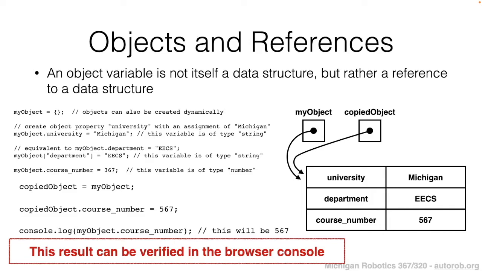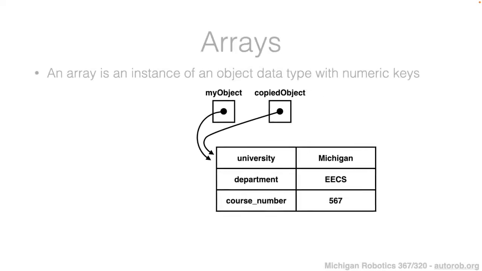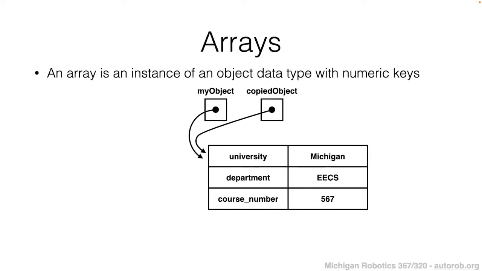All right, so another useful data structure, which is itself technically an object, is arrays within JavaScript. An array is an instance of an object with numeric keys. For example, you can define an array in JavaScript as shown here.